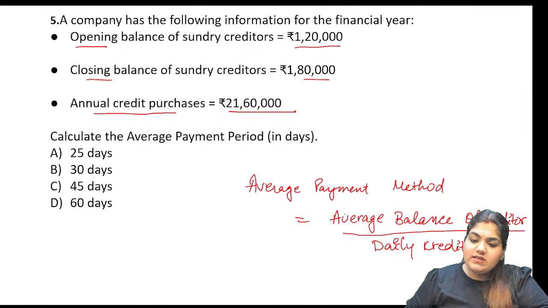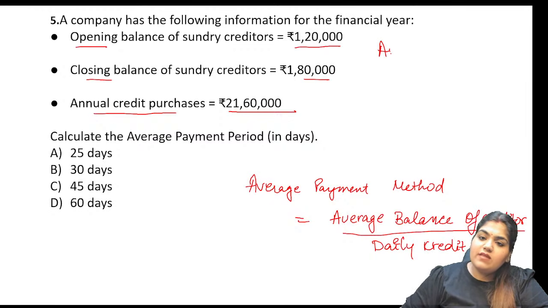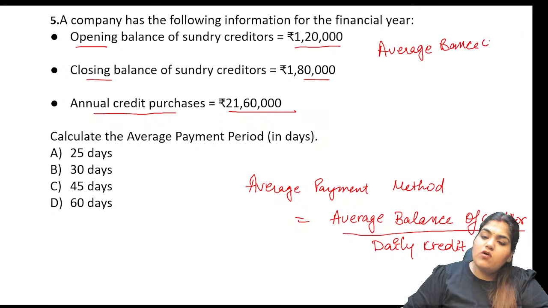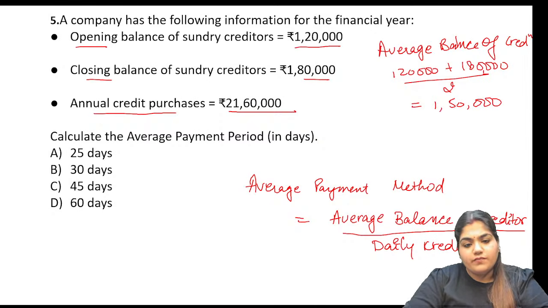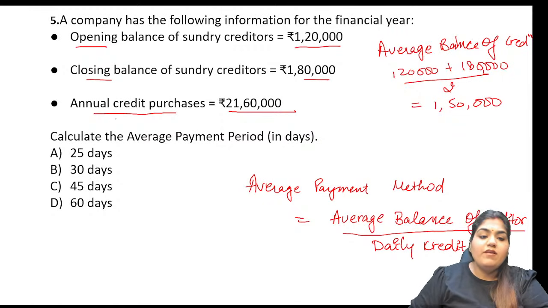How do we calculate this? Average balance of creditors is 1,20,000 plus 1,80,000 upon 2. This will be 1,50,000. 3 lakh divided by 2 is 1,50,000. Average daily purchases is whatever we have purchased annually.